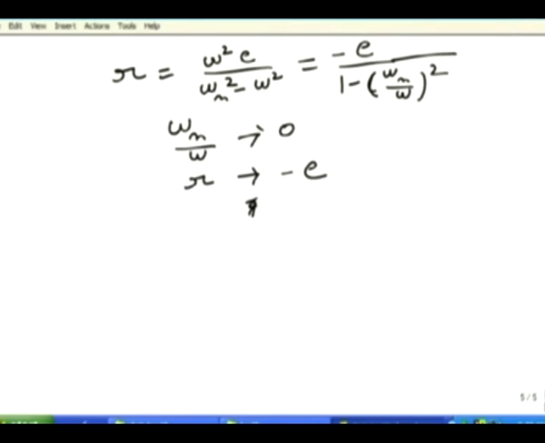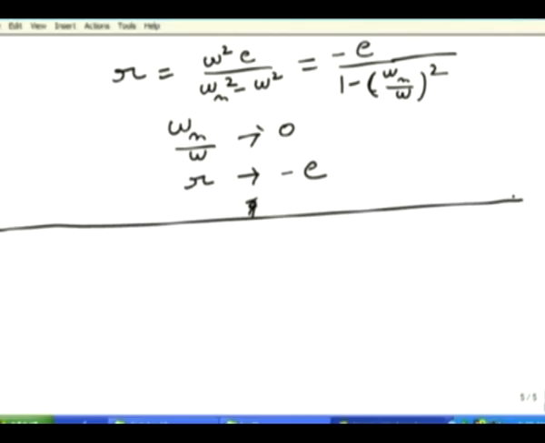The other point which I want to discuss here is that we have discussed the vibrations of a spring mass system.